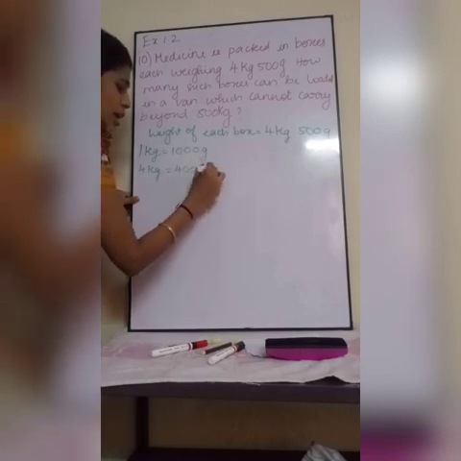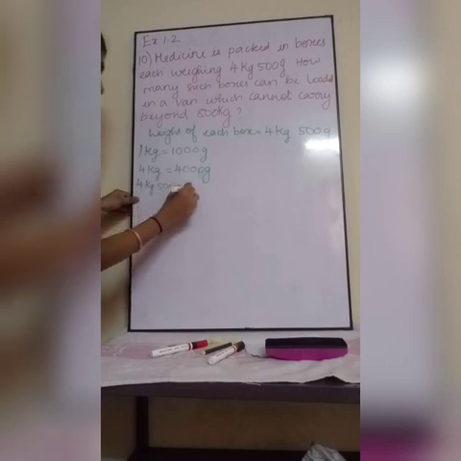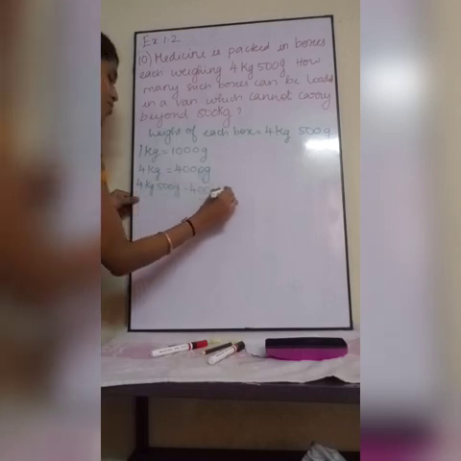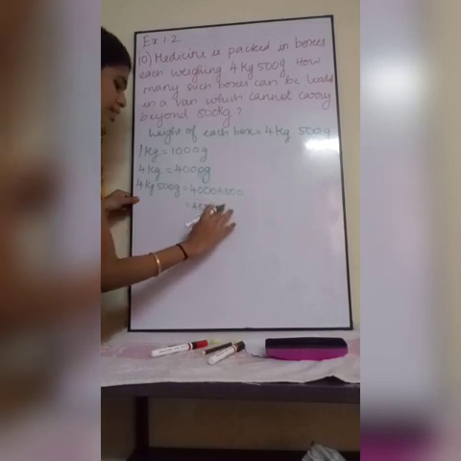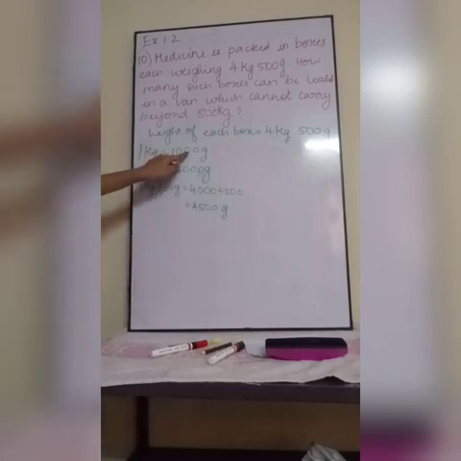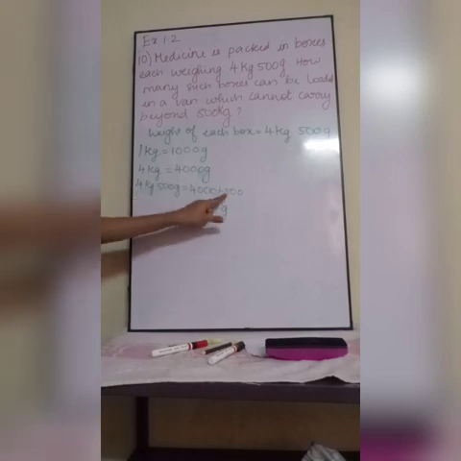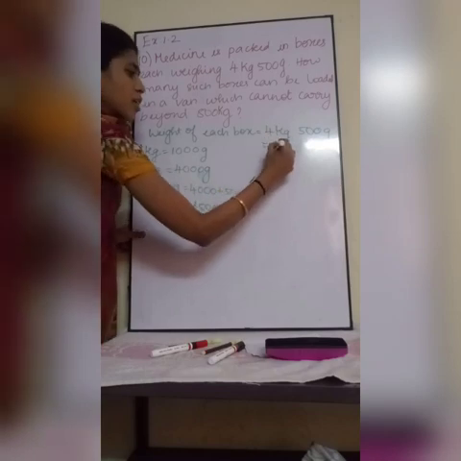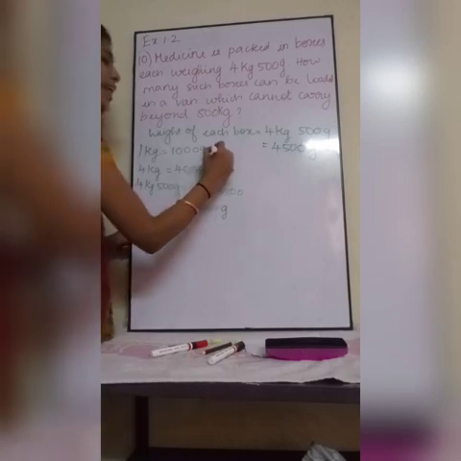So 4 kg 500 gram means 4000 plus 500, 4500 gram. Okay. So 1 kg is 1000 gram, so 4 kg is 4000 gram. Now 4 kg 500 gram means 4000 plus 500, 4500 gram. So this value will become 4500 gram. Okay. Next. Van can accommodate how much?